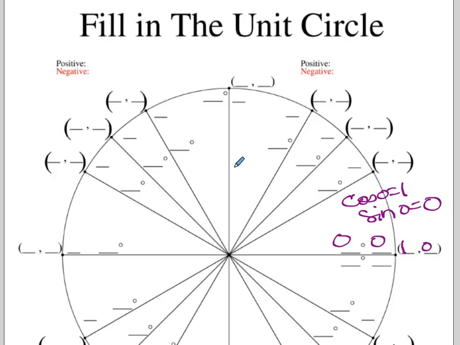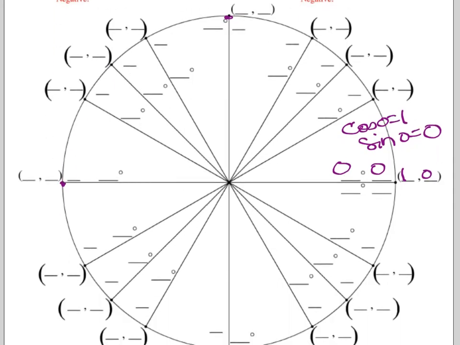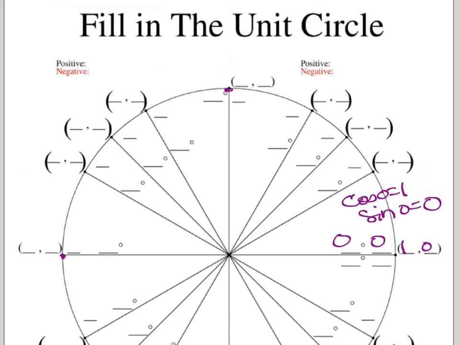And we went through all of the cases. Here's the 90 degrees. Here's the 180 degrees. We can scroll down and we'll see the 270 degrees. We went through all of those cases in the lecture and talked about what the sine and cosine values are. But they correspond directly to the x and y values.